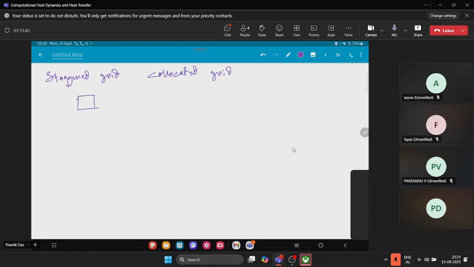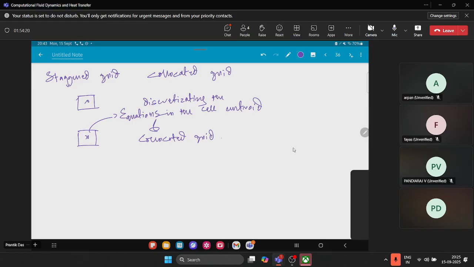So if I'm assuming a 2D one, and I'm solving the equations here, discretizing the equations at the cell centroid, then it is called a collocated grid. Okay.